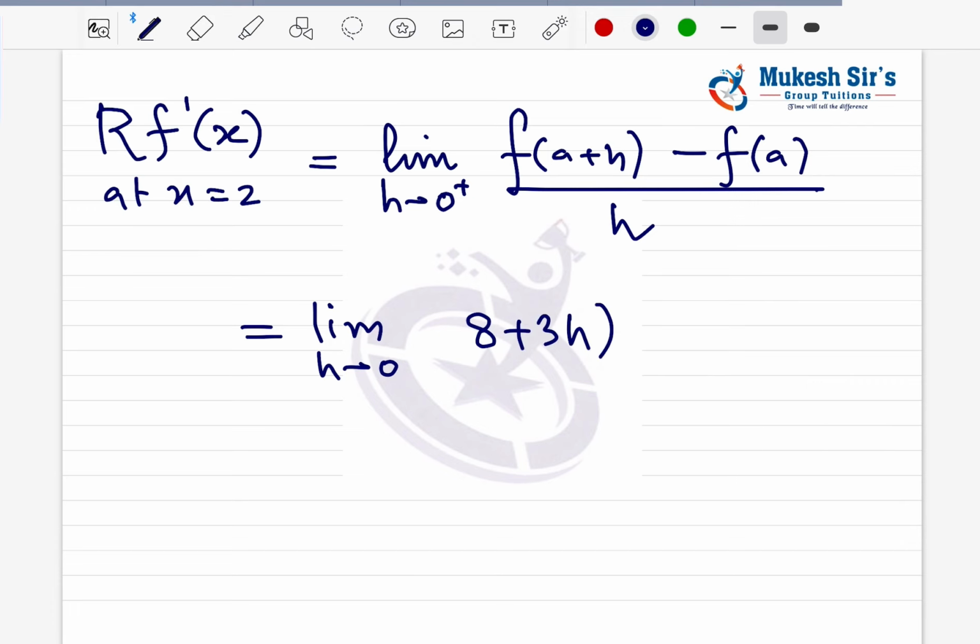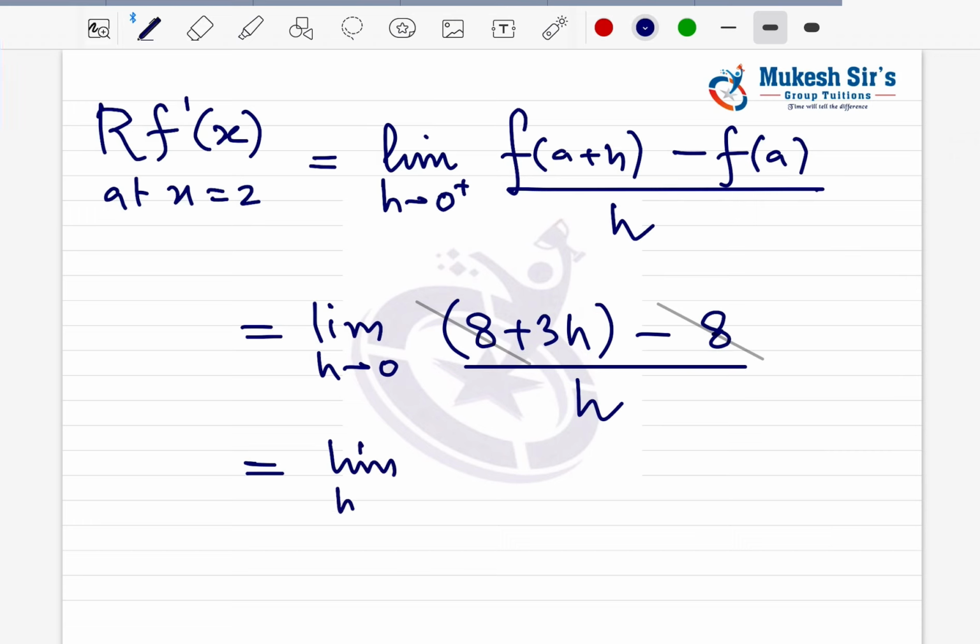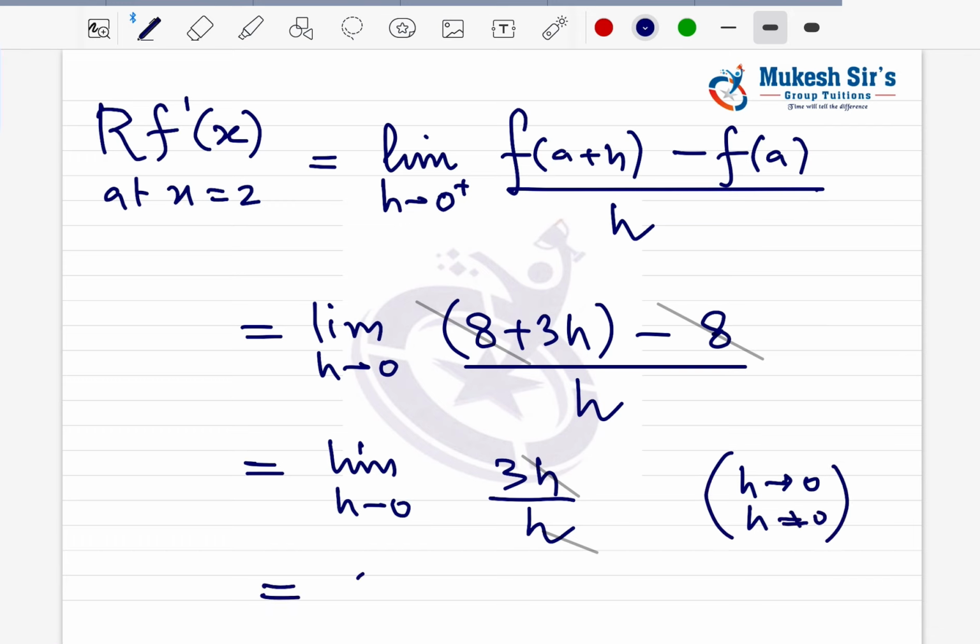When you open the brackets, that 8 and minus 8 get cancelled. So that becomes limit h tends to 0, 3h upon h. So h and h get cancelled, as h tends to 0, h is not equal to 0. And the answer becomes 3. I'll mark this as equation 2. So you can see the left hand derivative was minus 4, the right hand derivative is 3.